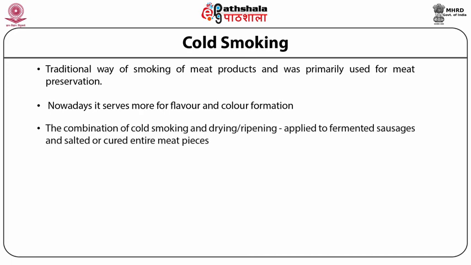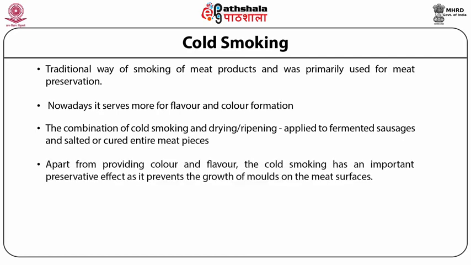The combination of cold smoking and drying or ripening can be applied to fermented sausage and salted or cured entire meat pieces, in particular many raw ham products. In long-term ripened and dried hams, apart from providing color and flavor, the cold smoking has an important preservative effect as it prevents the growth of molds on the meat surfaces.